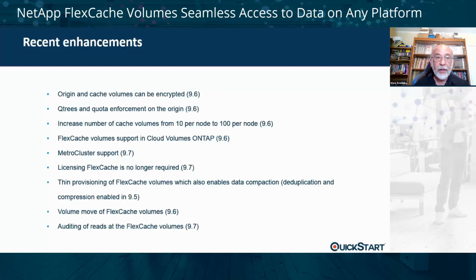We're increasing the number of cache volumes that a single node can support. And again, big feature 9.6. Incorporating the cloud is huge. One of the use cases for this is there are certain workloads where customers really appreciate being able to burst up into the cloud. Normally, they need a certain amount of compute resources.